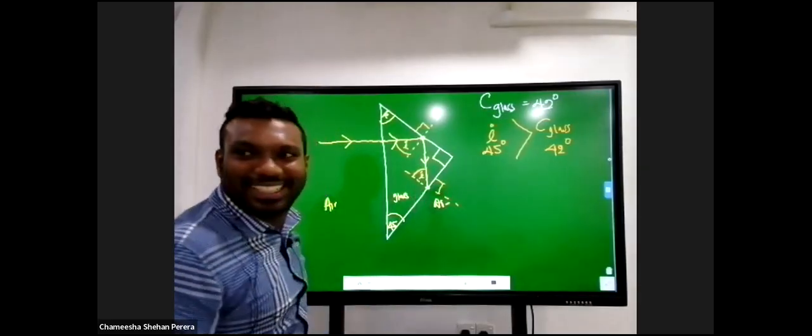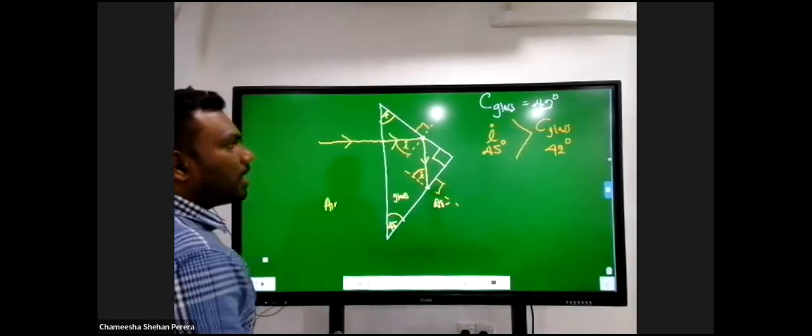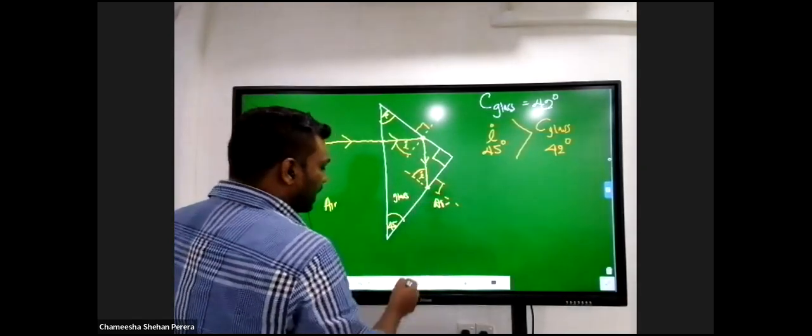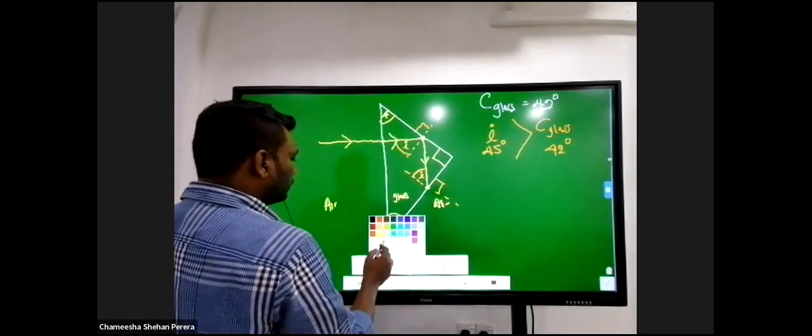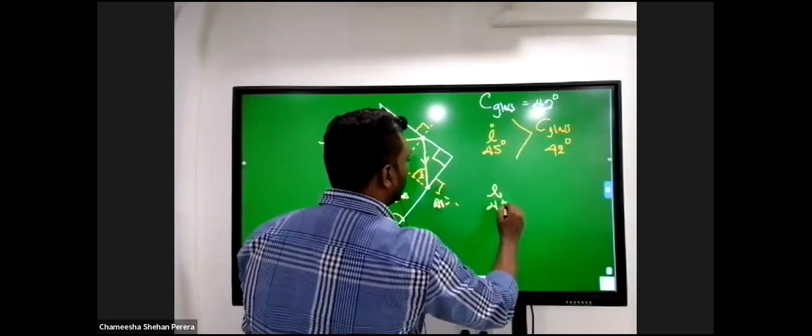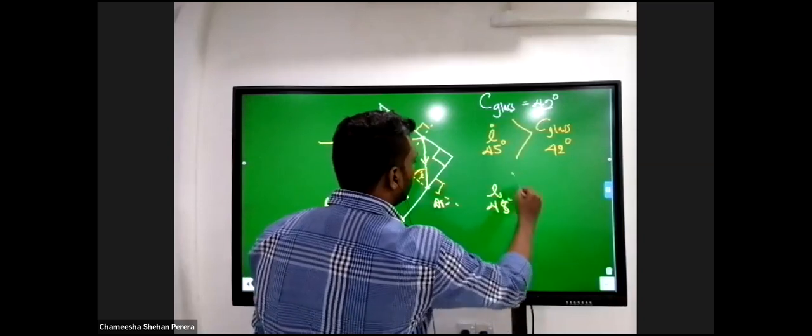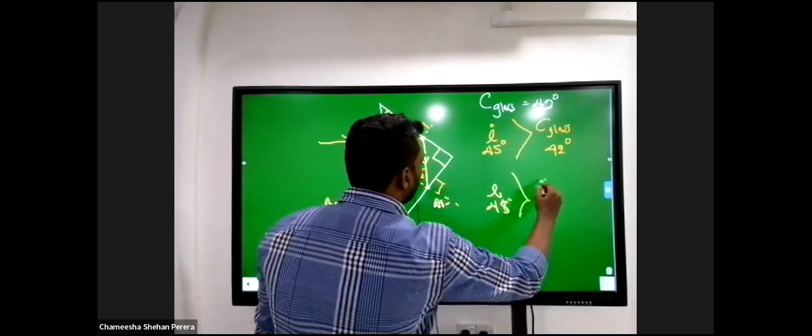What is the magnitude of it? 45. It's again 45. Now would it enter the second medium? No, sir. Because again my incident angle has exceeded the critical angle of glass, which is 42. Now what would happen? The light ray would get reflected back again.